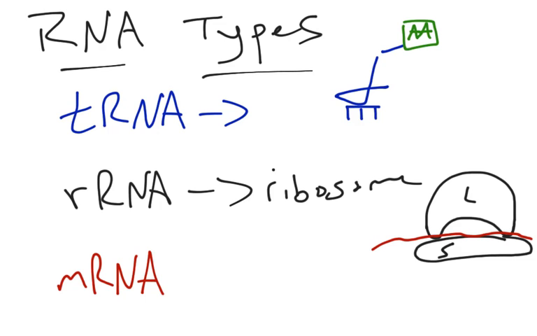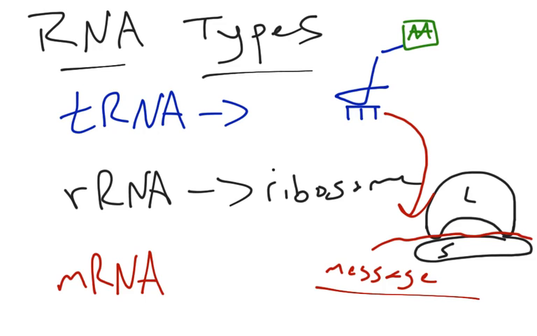And mRNA is messenger RNA, and so it carries the message. It carries the message from DNA of what protein we're going to make and how to make it. And what tRNA does is it comes in and actually binds with the mRNA. It does that through this part right here, which is called the anticodon. Now, if we think back to chapter 13, a codon is a set of three bases.